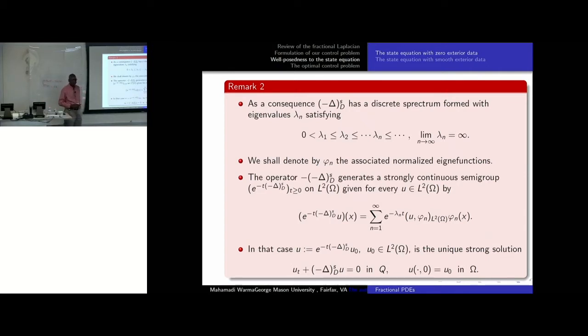In one dimension, it's already clear, right? In one dimension, you have the asymptotic formula of the eigenvalues, but it's not explicit.